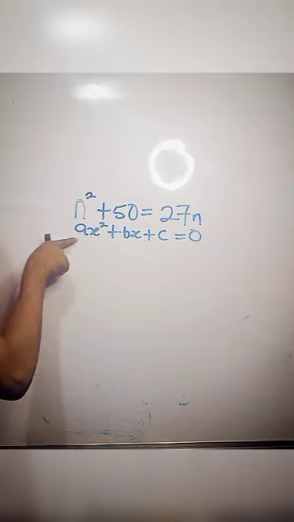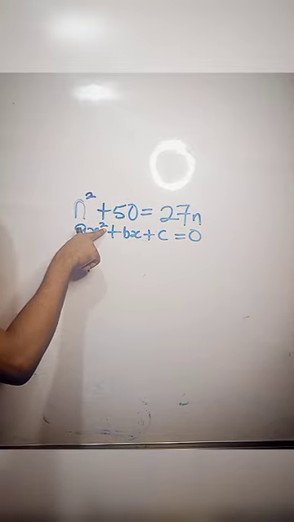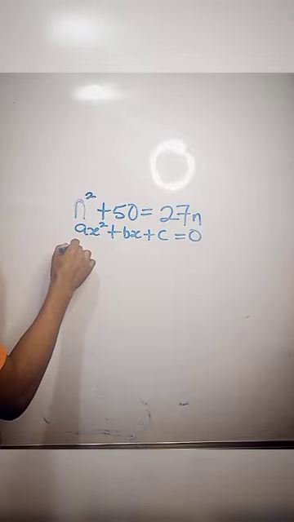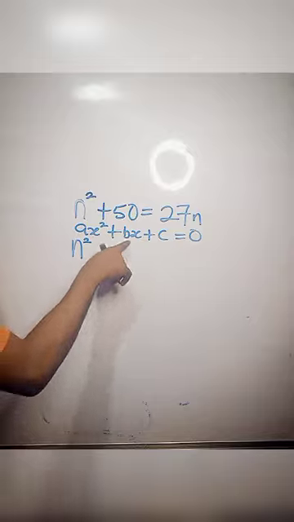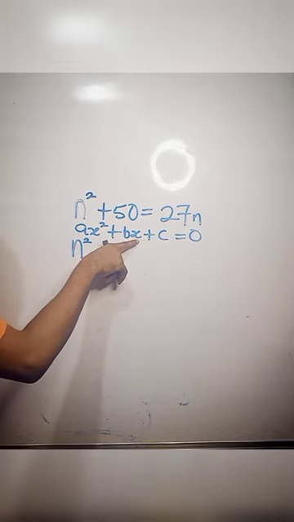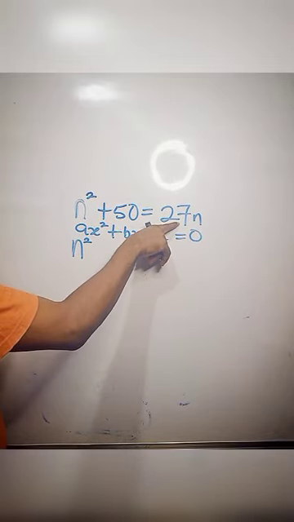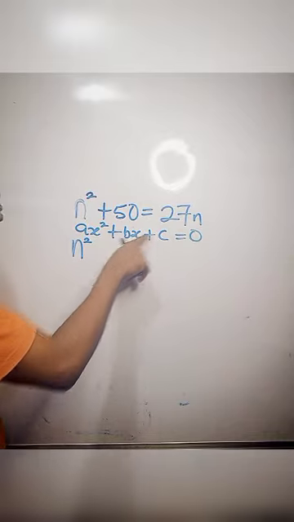So what we need first is the one that has the square. The one that has the square is n squared. Then the next one, the one that has the variable x, you can see 27n. So n is representing x.